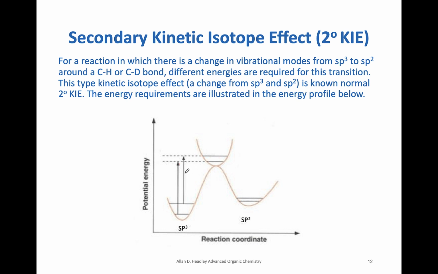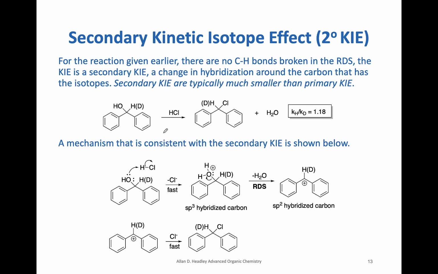So for this reaction, notice again, there's no bond breakage in going to the product, but there seems to be a change in hybridization of this carbon in the rate determining step of the reaction mechanism as it goes to the product.